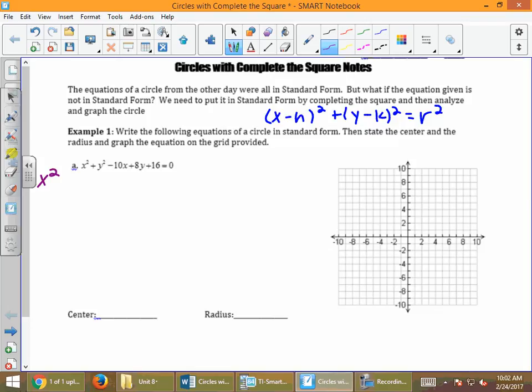What kind of 10 is it? Negative 10. Make sure the sign follows the number. So negative 10x goes next. Are there any other numbers that have an x? No. So after you group all your x's together, you put plus a box or a blank, whatever you prefer. Blanks are a little easier to work with.